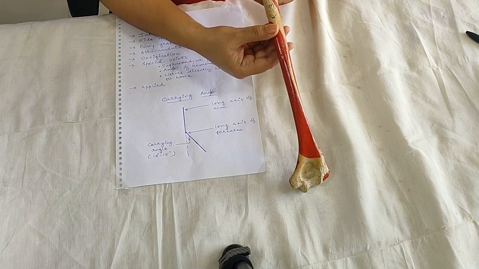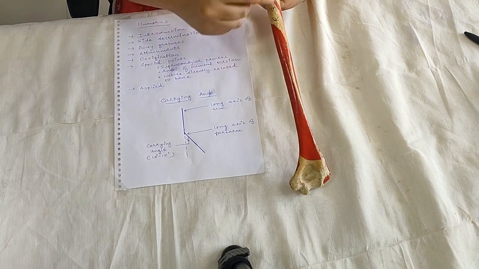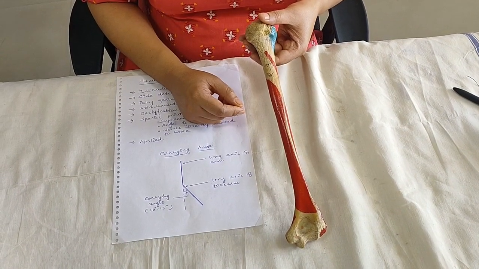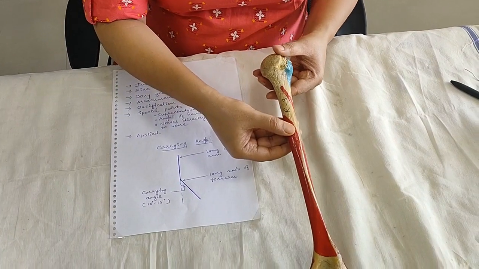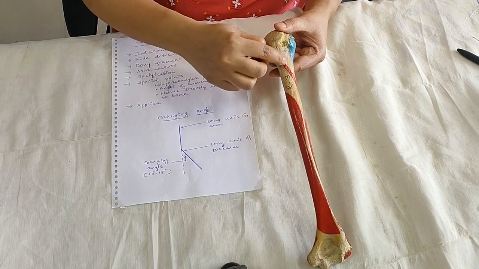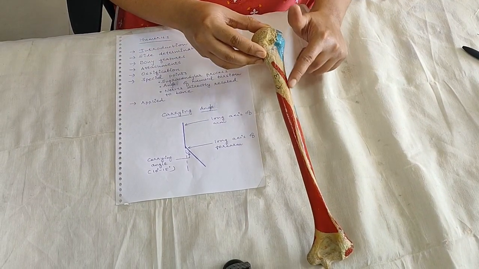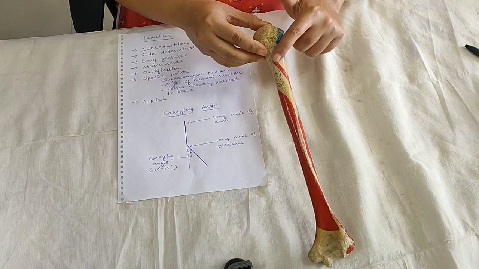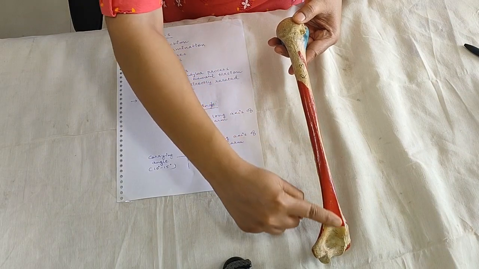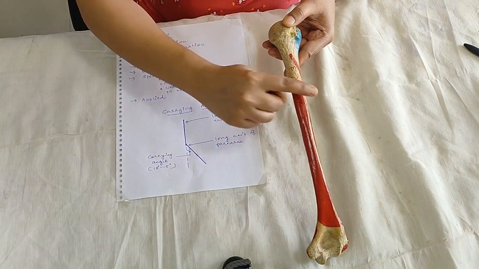On the posterior aspect, we know that triceps brachii is the muscle of the back of the arm, which has three heads: long head, lateral head and medial head. The long head gets origin from the scapula. The lateral head gets origin from this oblique ridge present above the radial sulcus, and the medial head gets origin from the whole posterior surface below the radial sulcus.